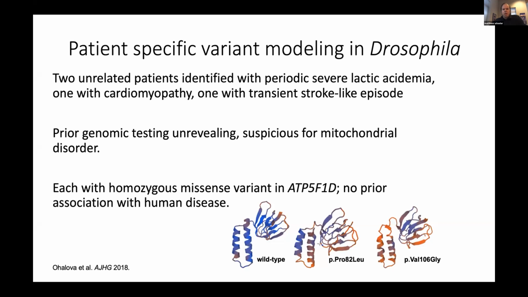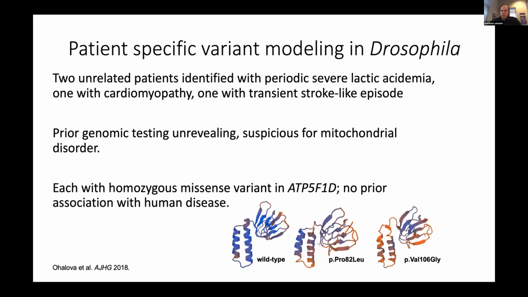Our patient had cardiomyopathy. The other group's patient had transient stroke-like episodes, which was suggestive of mitochondrial disorder. They had extensive genomic testing that was unrevealing, and each was found to have a homozygous missense variant in the gene ATP5F1D that had not previously been associated with human disease.